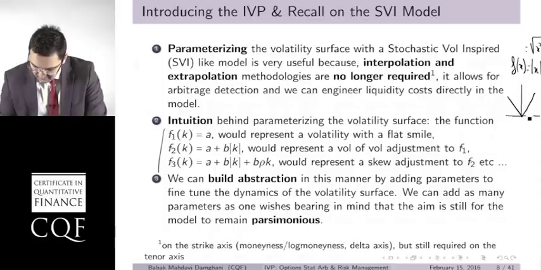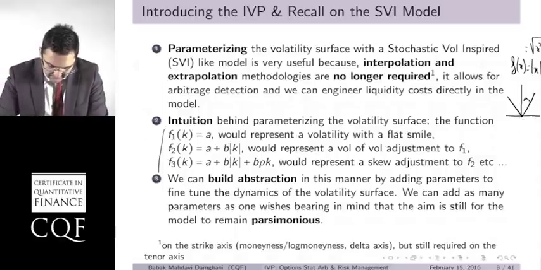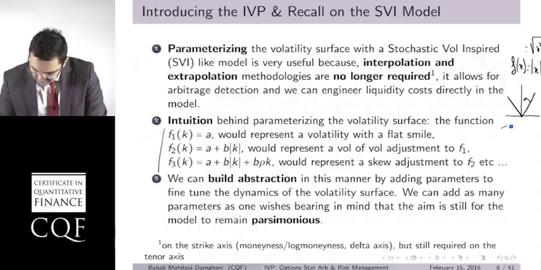But the problem is that, as we've seen in the previous slide, whether you're in equities or commodities, this side should be bigger than this side, or vice versa. So you want to be able to rotate that around this axis. The way to adjust this is to add some sort of linear function here.